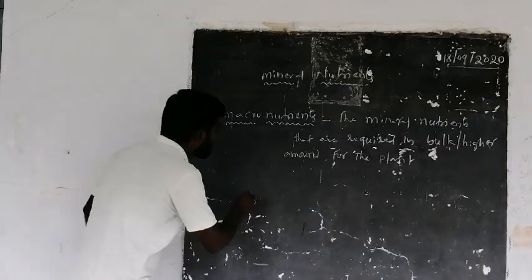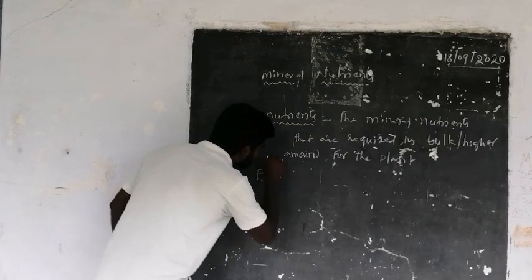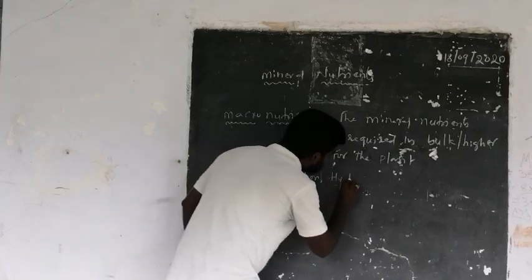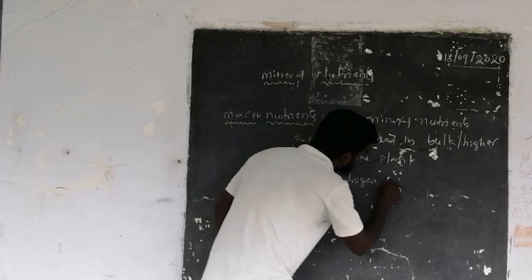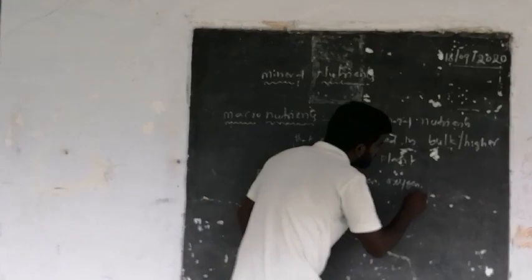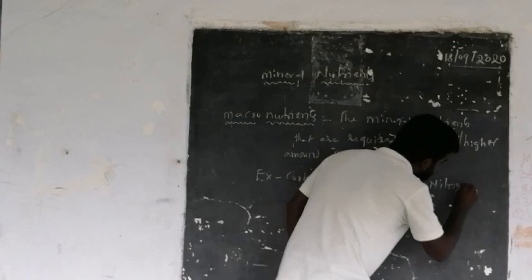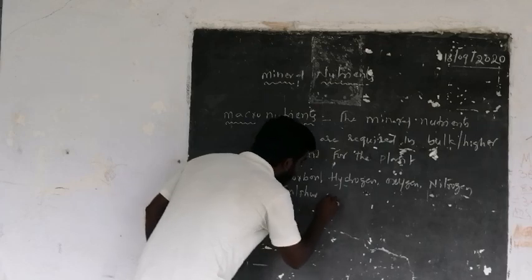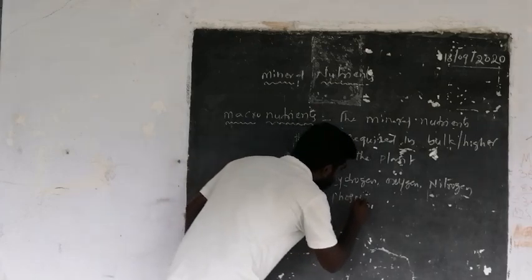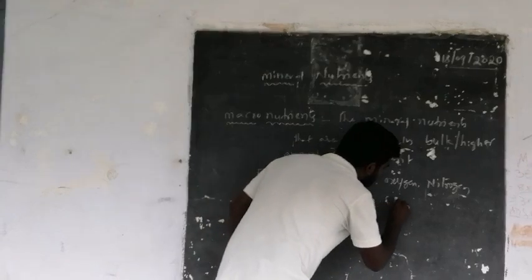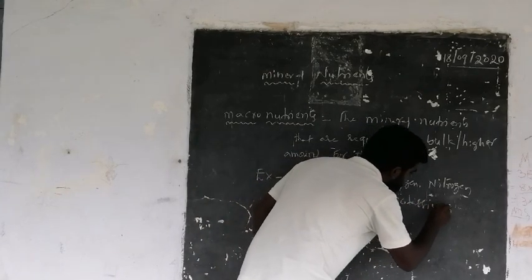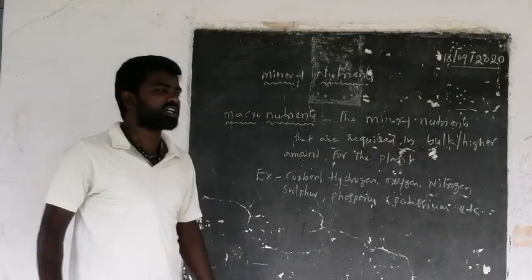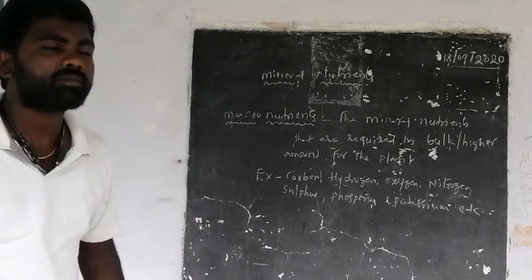Let us see examples of these macronutrients: carbon, hydrogen, oxygen, nitrogen, sulfur, phosphorus, potassium, etc. These are examples of macronutrients.